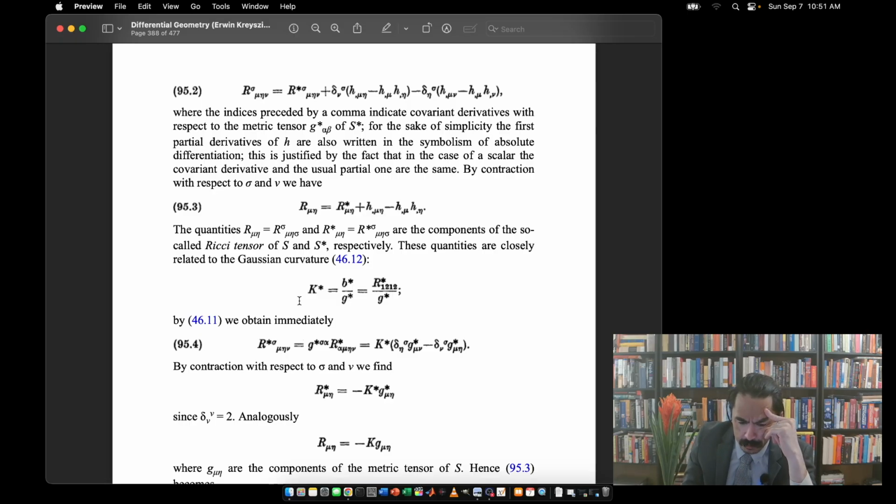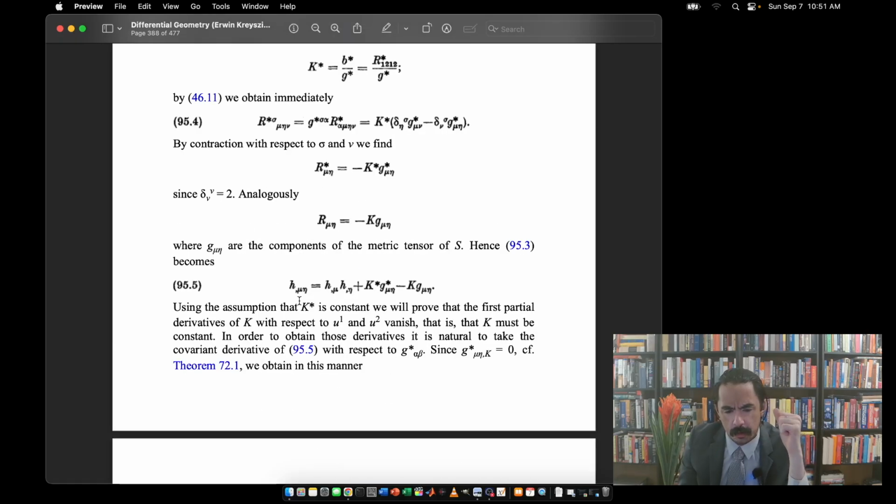So we obtain immediately capital R star superscript sigma sub mu eta nu equals lowercase g star superscript sigma alpha, times capital R star sub alpha mu eta nu equals capital K star, times a quantity Kronecker delta sub eta superscript sigma, times g star sub mu nu minus Kronecker delta sub mu superscript sigma, times g star sub mu eta, closed quantity.